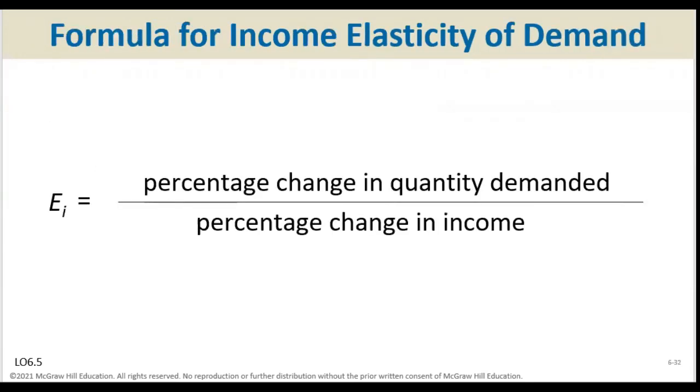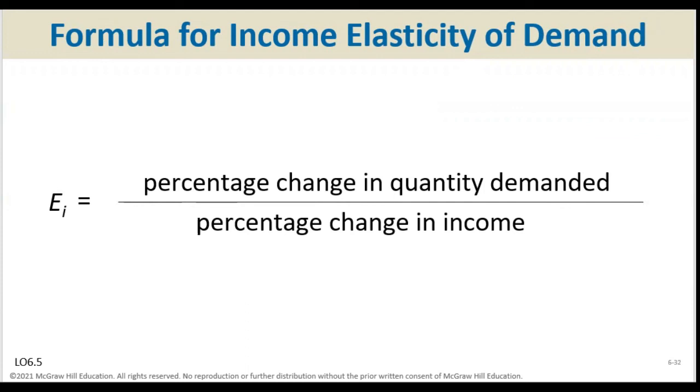Now we go to the formula of income elasticity of demand. Consumption of a good can also be impacted by a change in our income. More income will dictate how you behave toward consumption, the pattern of your consumption.